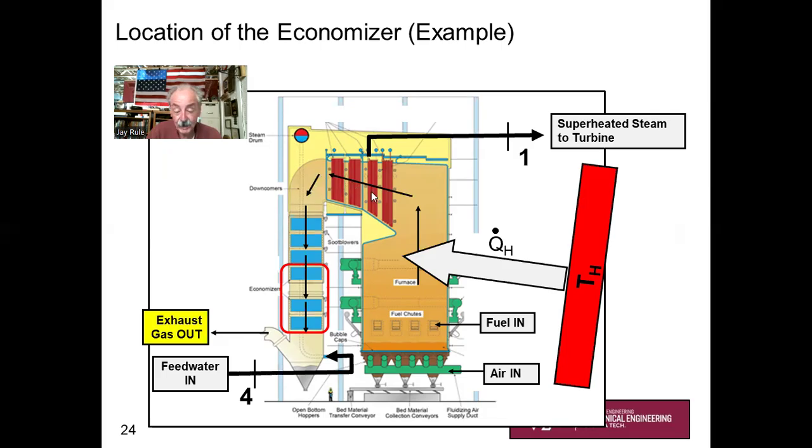But once it makes the turn past these superheaters and reheaters, it's coming down, and we put an economizer in this area just before the exhaust gas goes out to the exhaust stack, the big tall stack, and we recover heat using the economizer. And so this would be state 4 coming into your boiler, and this would be state 1 coming out, going to the steam turbine.